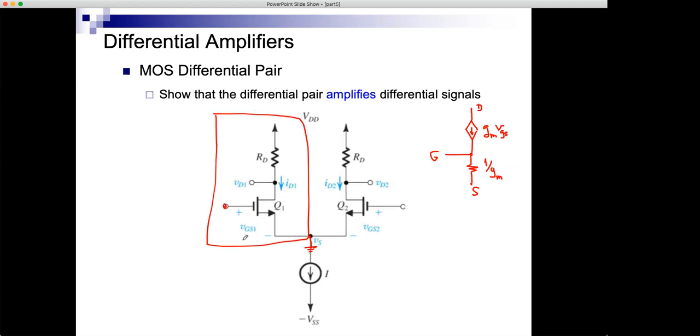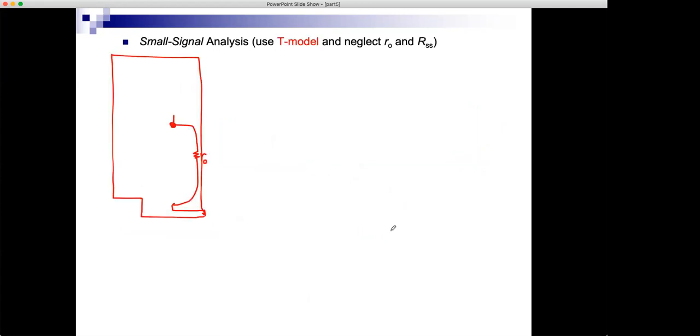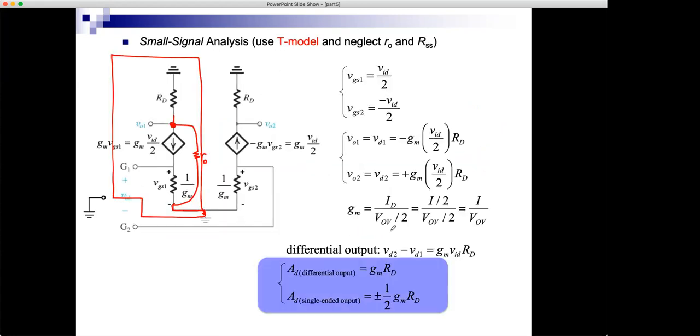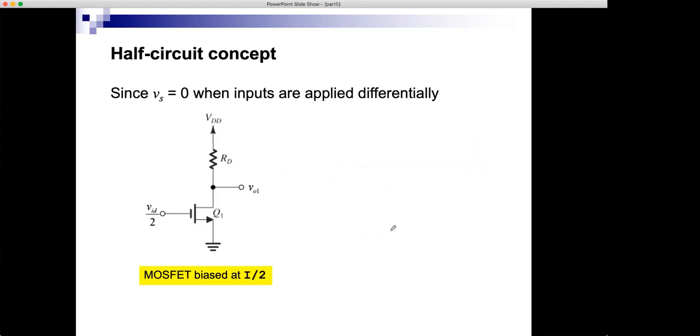So focus on this circuit or sub-circuit, half circuit. What is it? I have a MOSFET with input at gate, output at drain, source is grounded. Okay, it's a virtual ground, but still ground, and a resistor to the supply. This is no other than our very, very good friend, the common source amplifier.